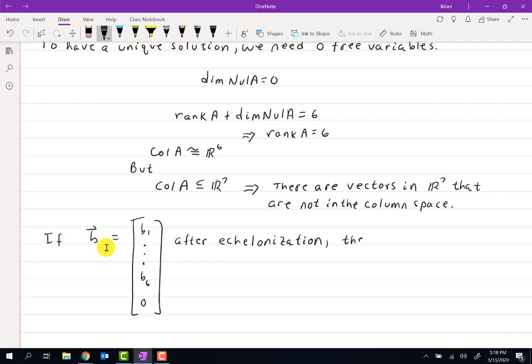Then we can have a unique solution, because then the rank of A is equal to 6, which means the row space is 6. That means we'll have 6 non-zero rows when all this echelonization is done, and then we'll have a nice 6 by 6 matrix. It can be invertible since the dimension of the space will be full 6, and so therefore we can have a solution in there.